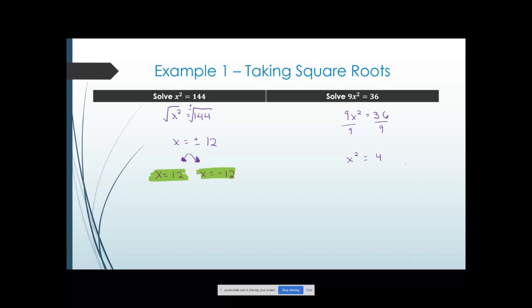Now you take the square root of both sides. I get x equals plus or minus the square root of 4, which is 2. So x equals 2, x equals negative 2, and those are my two solutions.